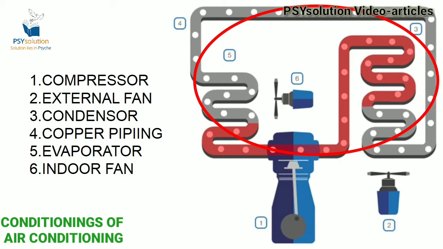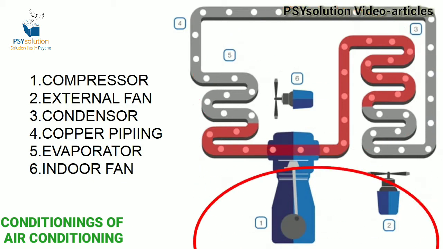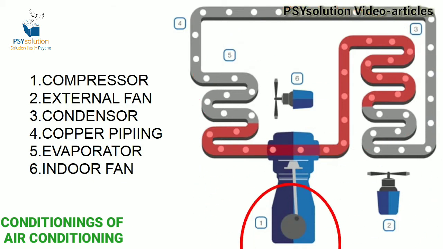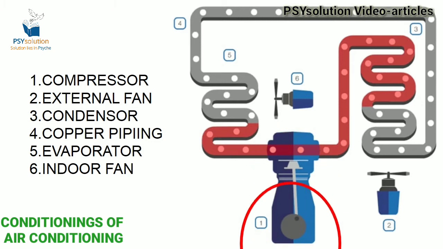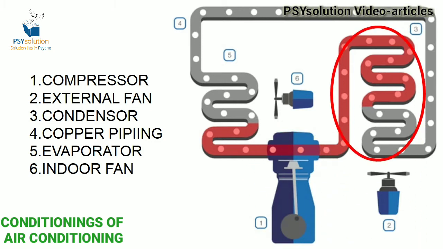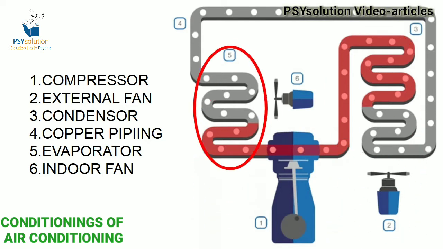It changes its state from gaseous to liquid to semi-solid and then back to gaseous again, and the cycle goes on. A compressor compresses the compound and converts the gas into the liquid. Then a condenser condenses the liquid further to semi-solid. In the next stage of the loop, there is an evaporator, which converts the semi-solid state into the gaseous state.